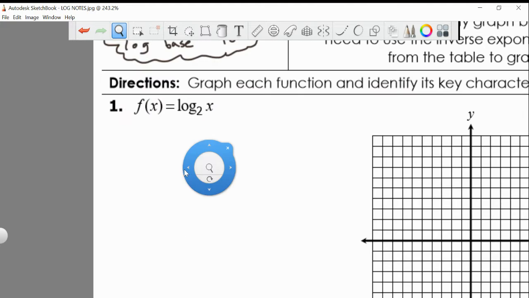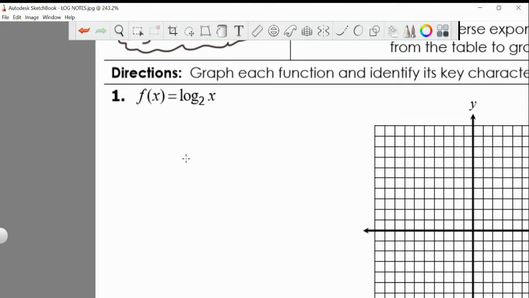So let's go look at number 1 here. A couple different things. We know that this is log with a little b of x, and we can see that this 2 here is our little b. Same idea. We know that b is equal to 2, and we know that b is greater than 1 because of that. So this should be a growth graph.